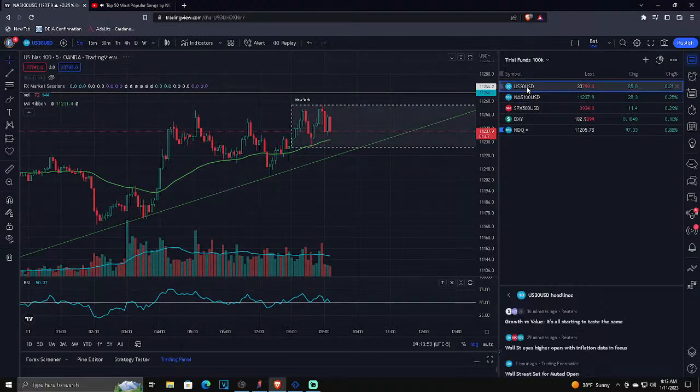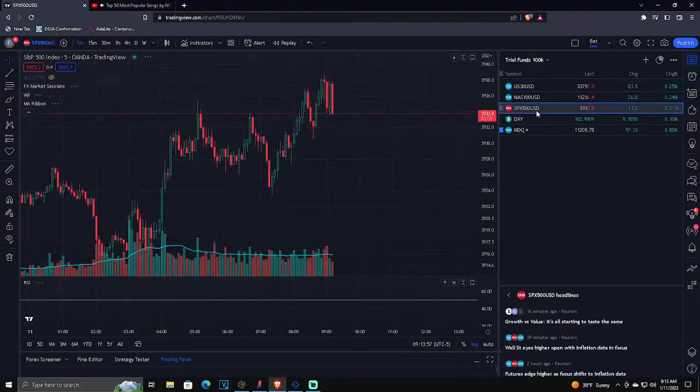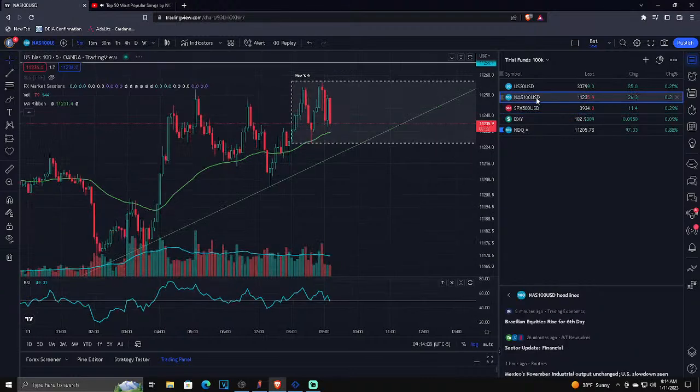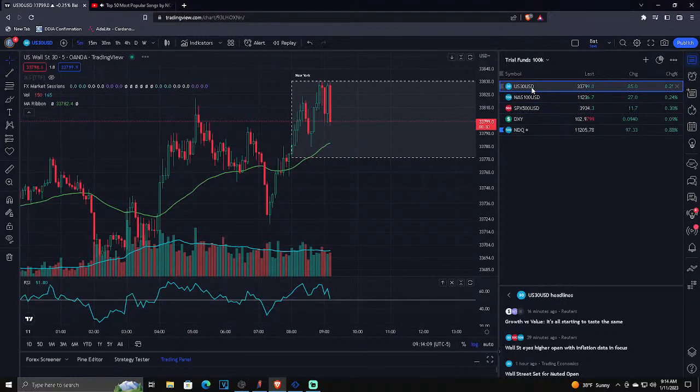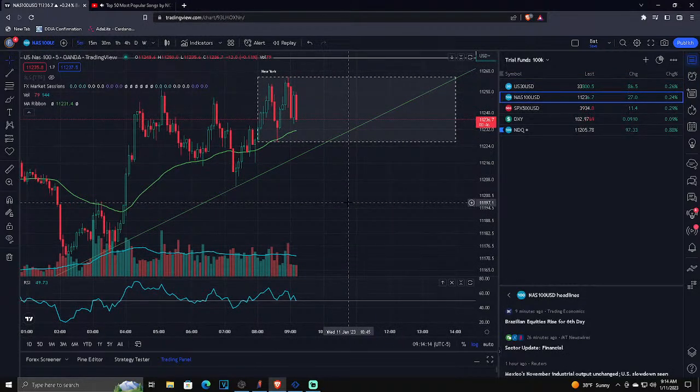Take a look at US30 to see if there's any difference. Nope, US30 is doing the same thing. SPX 500 is doing the same thing. So I typically will only trade one at a time, but I keep them all up because they move not necessarily in unison, but they definitely have correlation in their movements.